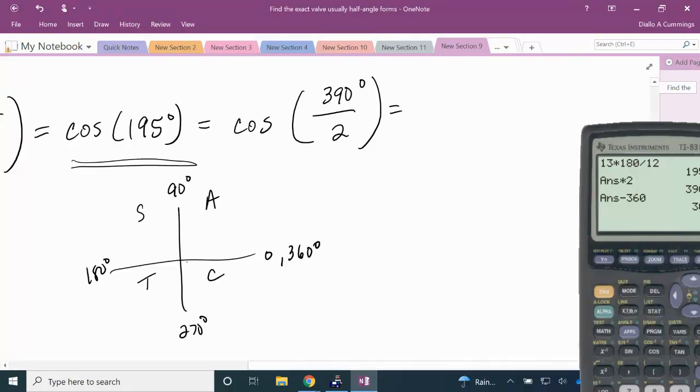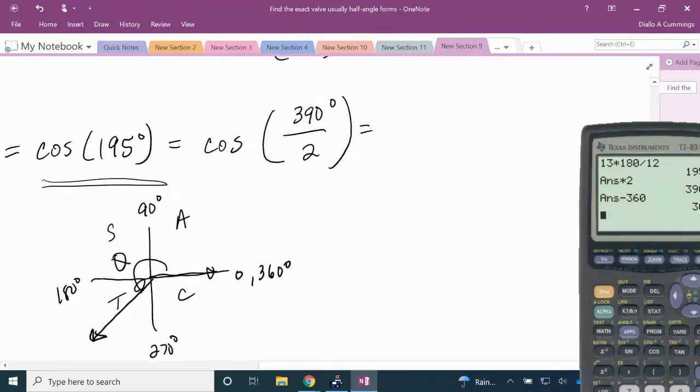So notice that a 195 degree angle would lie in the 3rd quadrant. If our angle is in the 3rd quadrant, the only positive values are the tangent and the cotangent. Everything else is negative.